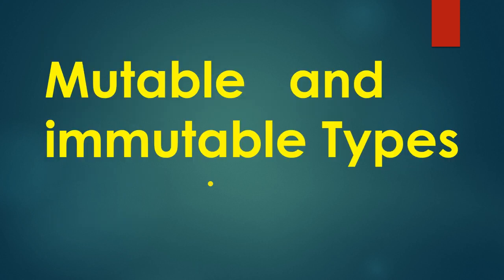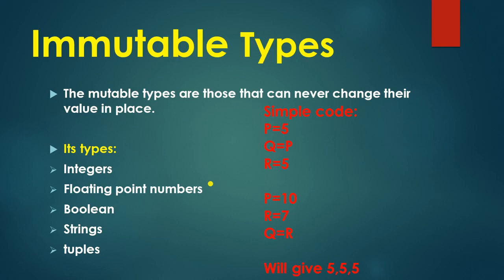So the next topic is mutable and immutable types. This topic is very important. You have to know which data types belong to mutable and which belong to immutable, so you have to classify them.